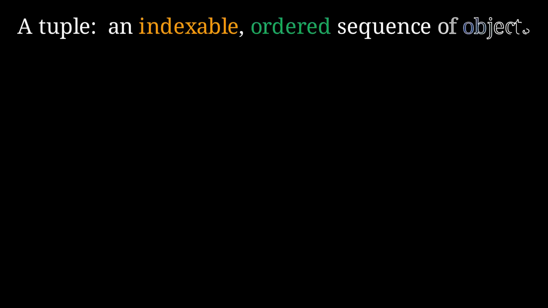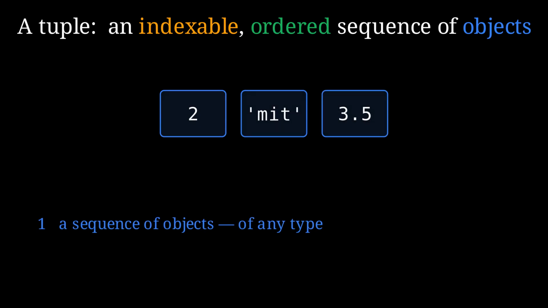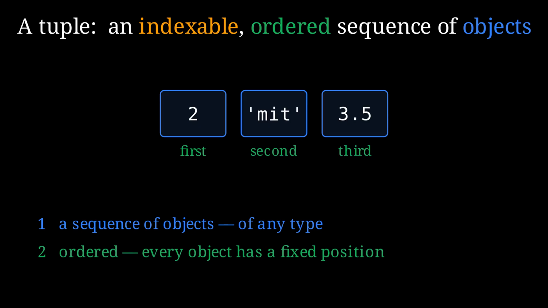So what is a tuple? A tuple is an indexable ordered sequence of objects. Let's break that phrase into three pieces. First, a sequence of objects. Just as a string is a sequence of single characters, a tuple is a sequence of objects of any kind. Second, ordered. The sequence has a definite order.